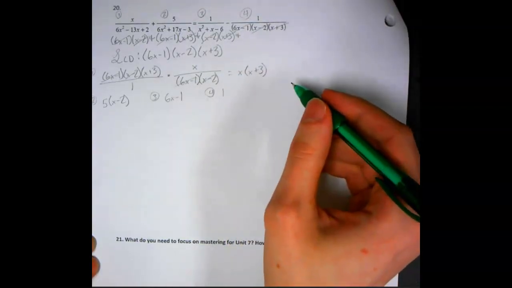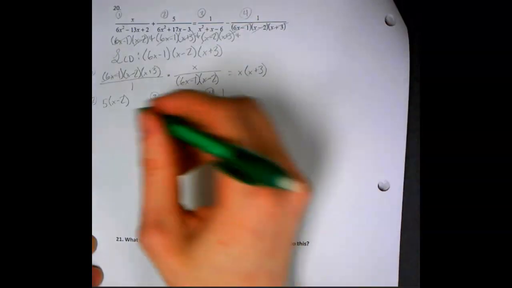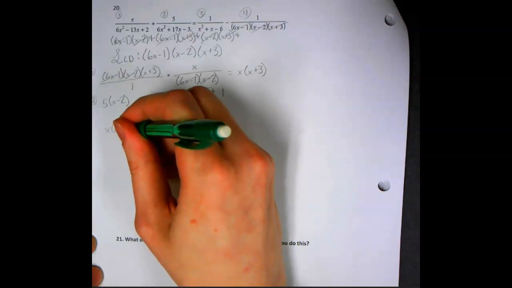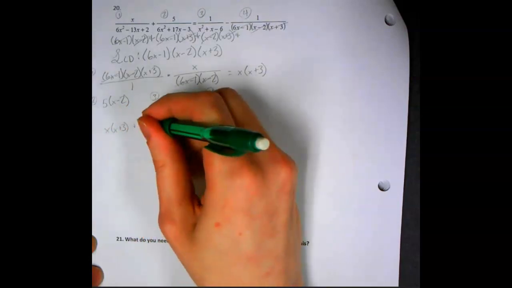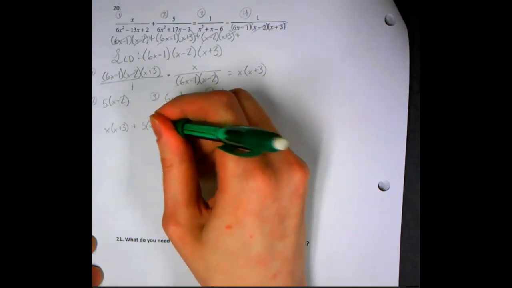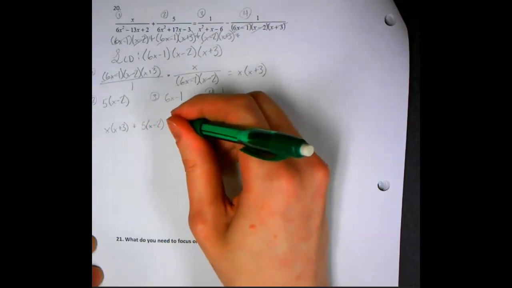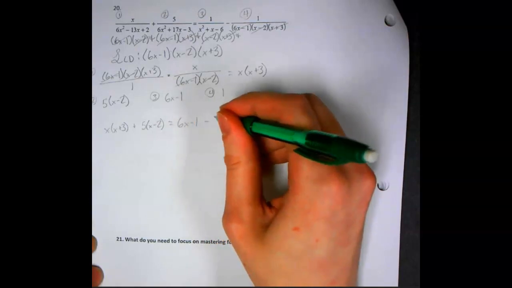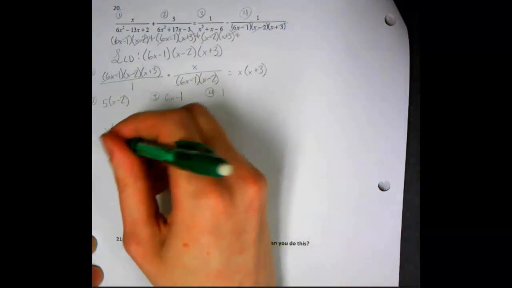Now we need to plug these back in. So we have x times (x plus 3) plus 5 times (x minus 2) equals 6x minus 1 minus 1. Distribute this out.